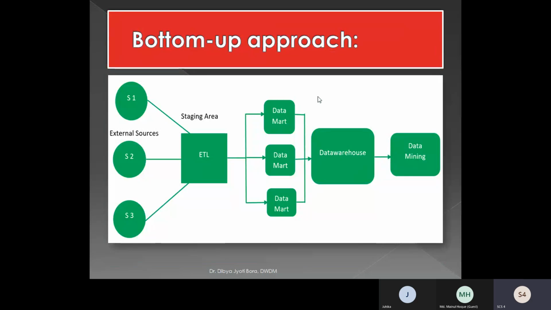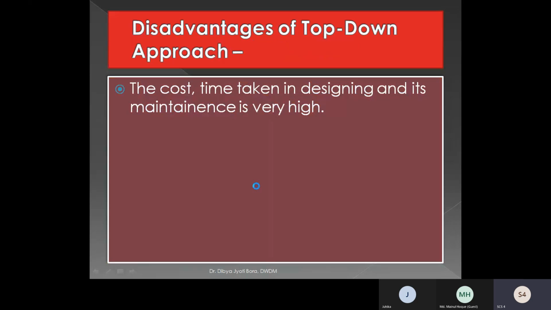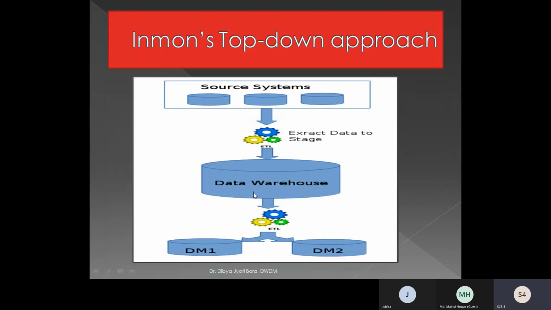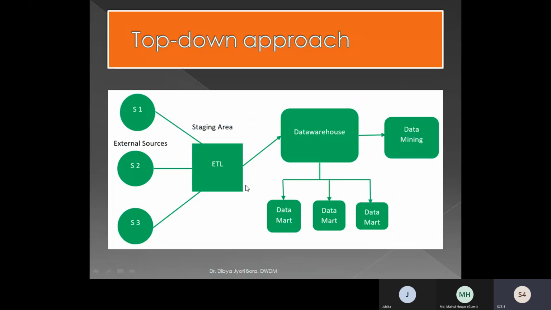Now, what is the bottom-up approach? Today we'll discuss this bottom-up approach also. Now notice this diagram carefully. This is the diagram I showed you earlier for the top-down approach. Please look at the diagram of this top-down approach. Take a screenshot of this.